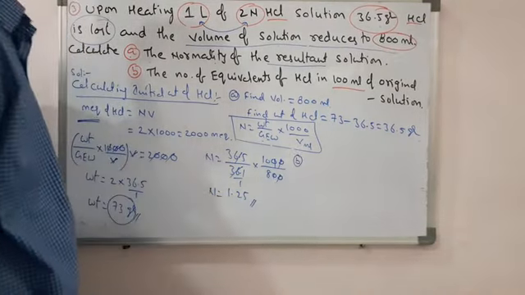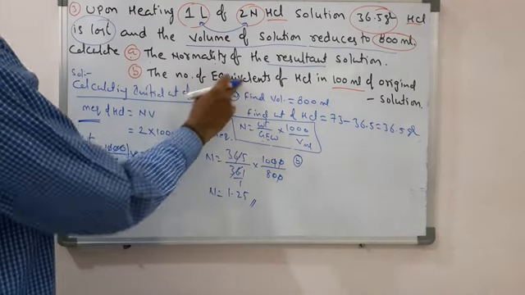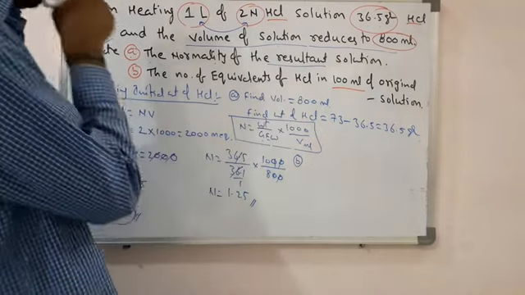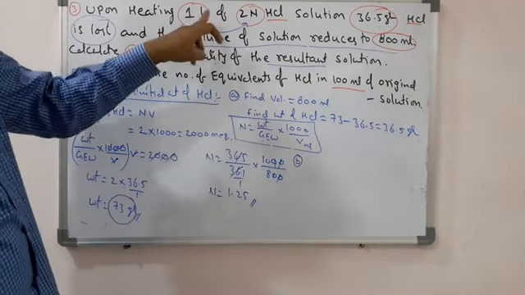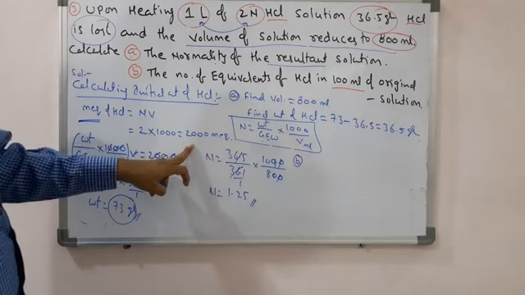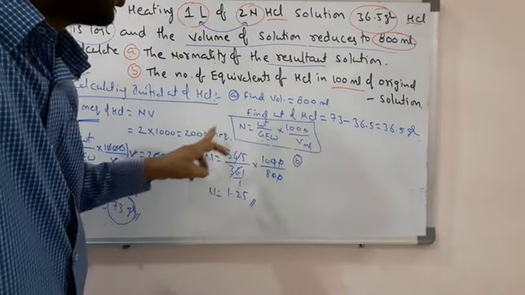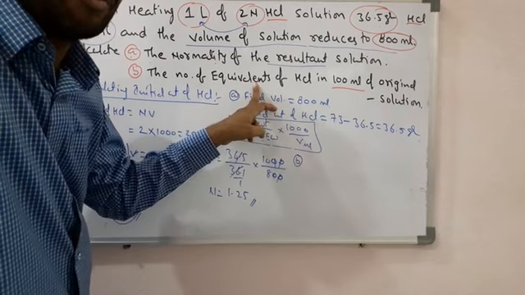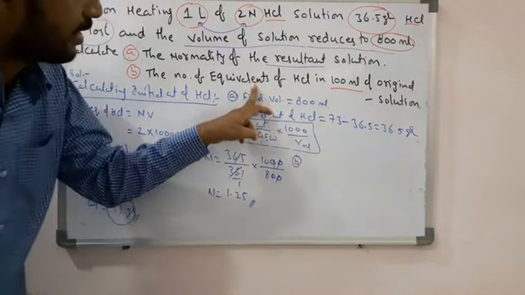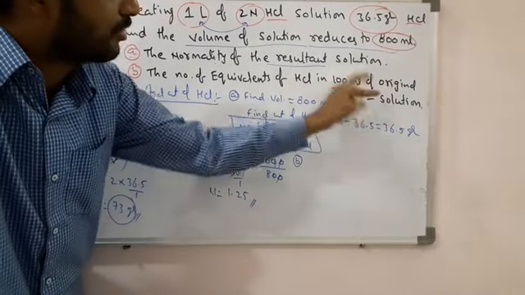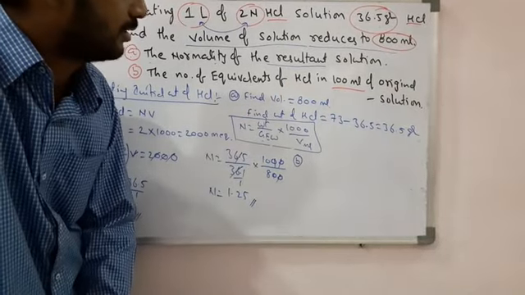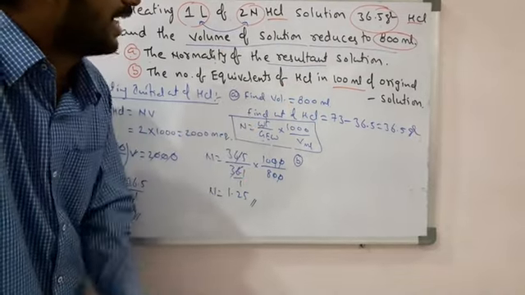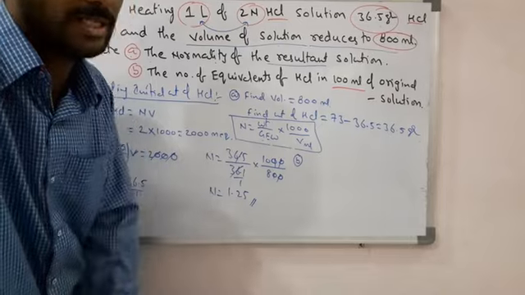Next we calculate part B, the number of equivalents. Already we know the milli equivalents in 1 liter are 2000 milli equivalents. But the question asks for equivalents, not milli equivalents. We need to find the equivalents of HCl in 100 milliliter of that original solution, not after the reaction. It is totally about the initial condition, before heating.